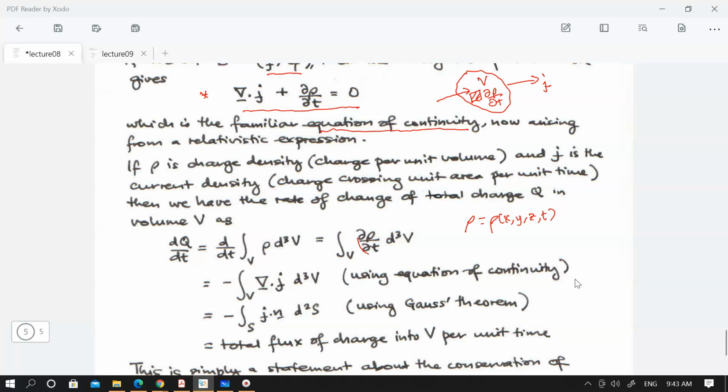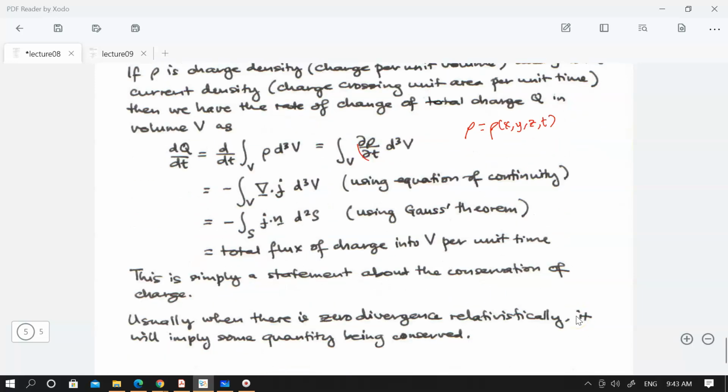That tells us I'll be looking at the flux of the electric current moving in and out from that particular surface that encloses this particular volume. So that essentially gives you this.